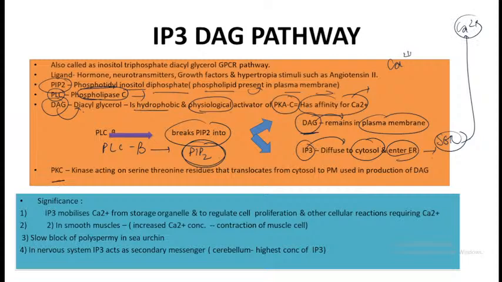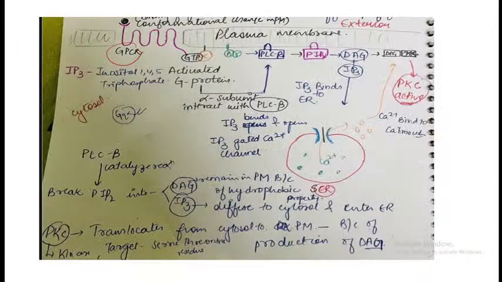Now we have the PKC, the kinase acting on the serine threonine residue, that translocates from the cytosol to the plasma membrane, which is used in the production of the DAG. So this is the simple basic main pathway which you need to remember.